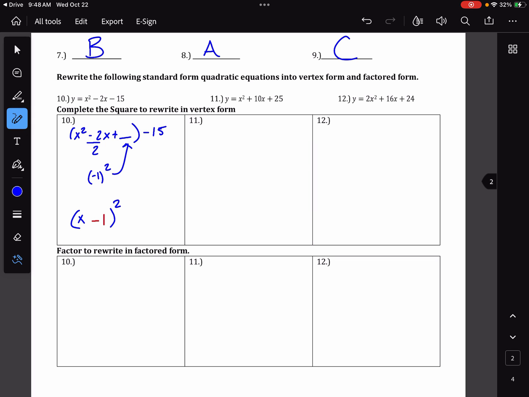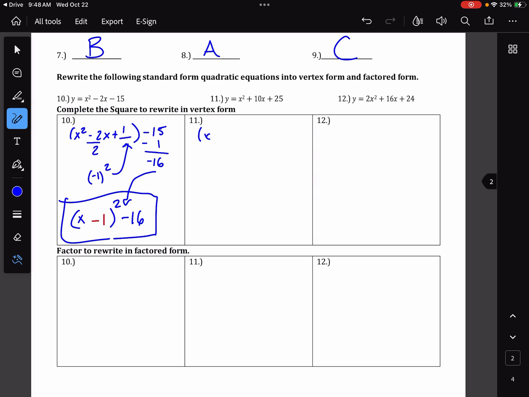That goes back up here. -1 squared is +1. I add 1, so I have to subtract 1. -15 minus 1 is -16. That's what goes on the tail end here. Here's my final answer: x - 1 squared - 16.